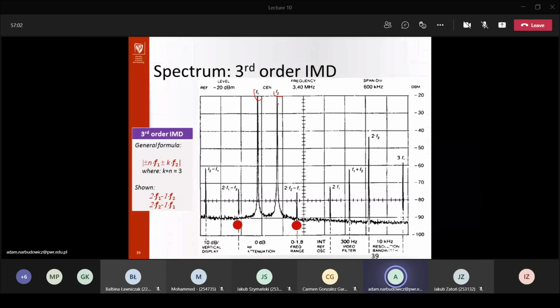So we get undesired new signals at double. Okay, so this is the harmonics. That's double the F2 simply.